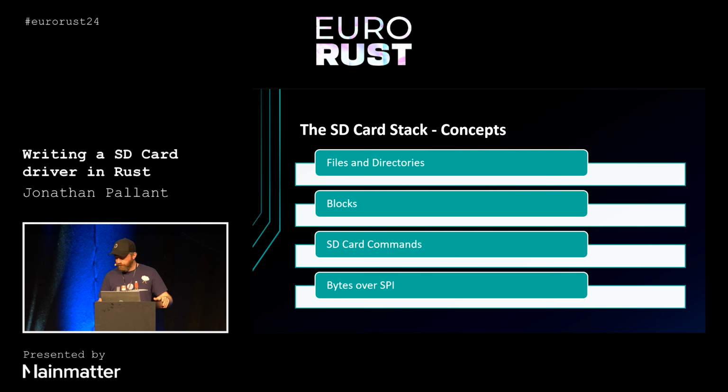The protocol defines a set of commands we can send to the card, and then we can get responses back. But those commands need to be actually sent to the SD card. So then we get into sending bytes over SPI, which is how we talk to the card itself. But we can break these apart, test them in isolation, put them back together, and then hopefully we get a working system.